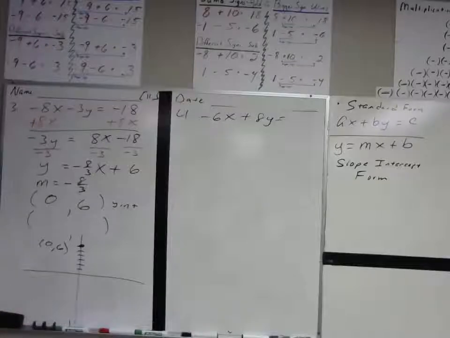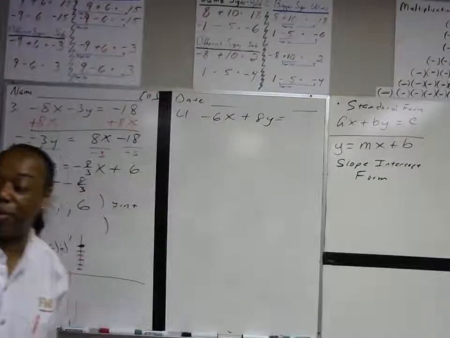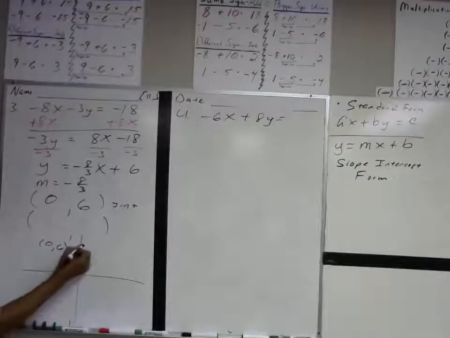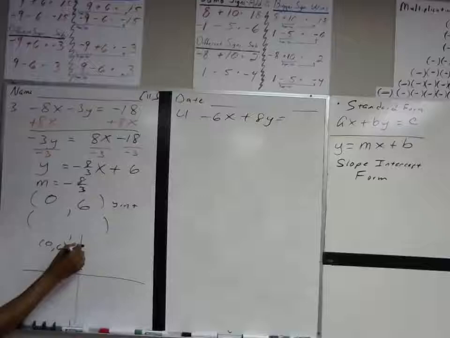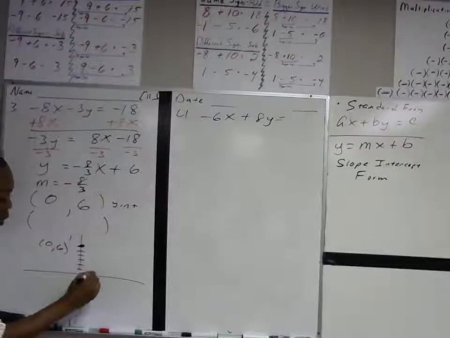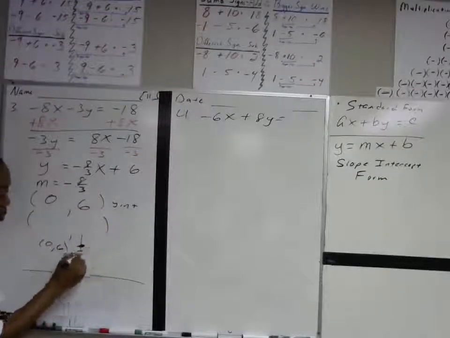Andres, where do I go from 0, 6 to get to the next point? 3 over. Exactly. I go 3 over. Very good.